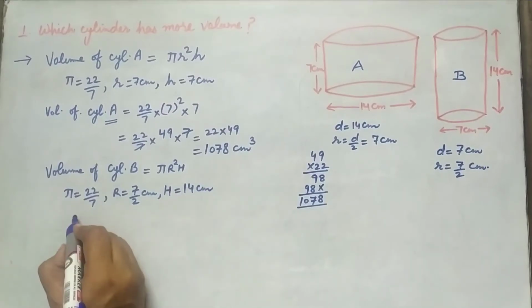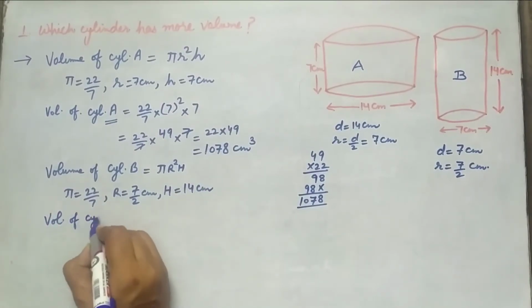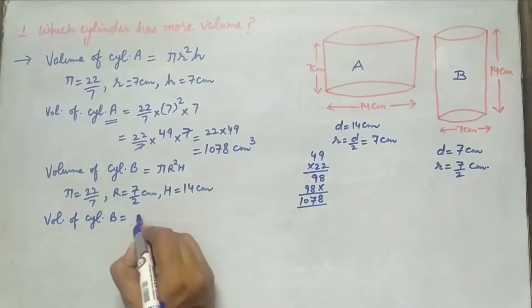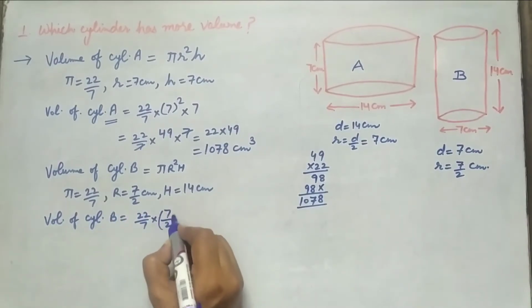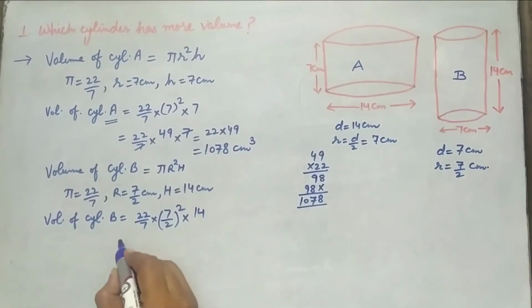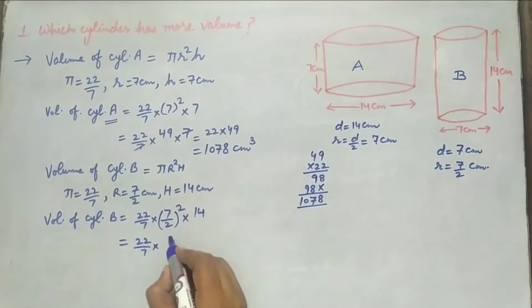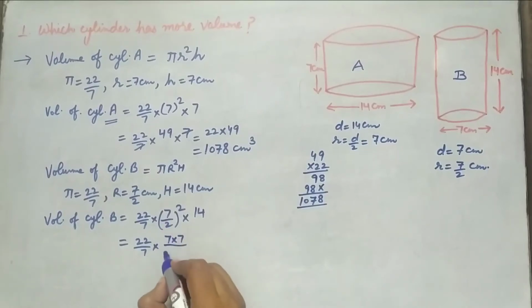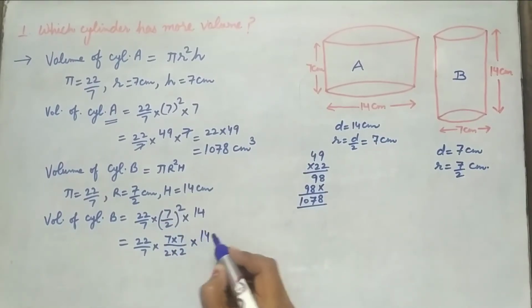We put the values, and the volume of cylinder B will be pi r square into h. Calculations, opening the squares, 22/7, 7 into 7, opening the square, 2 into 2 is square of 2 into 14.